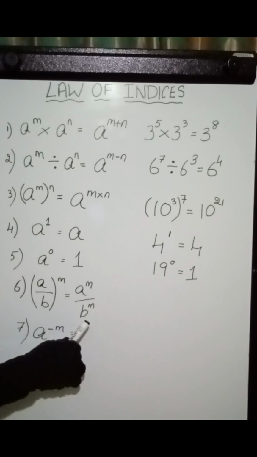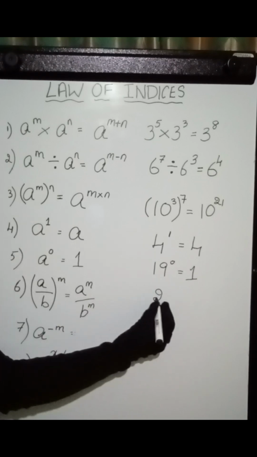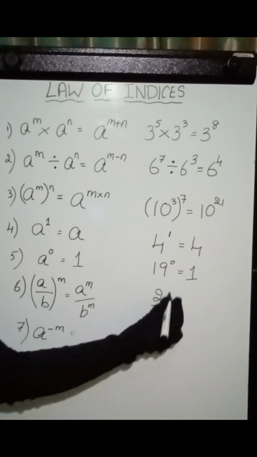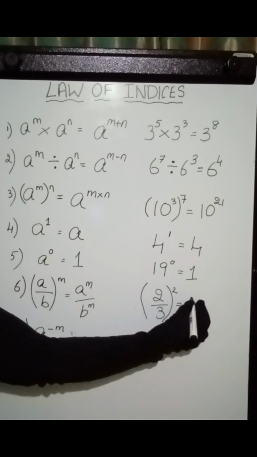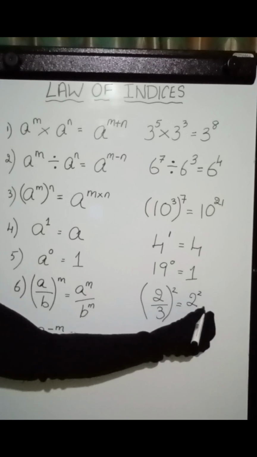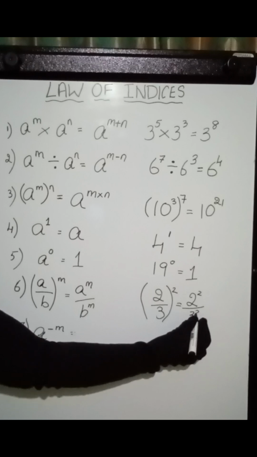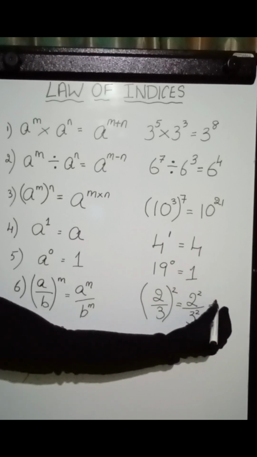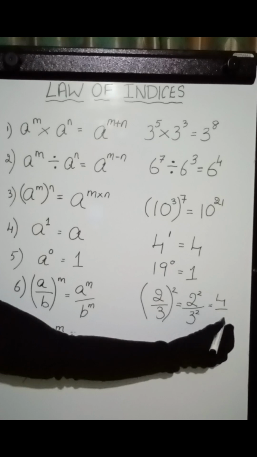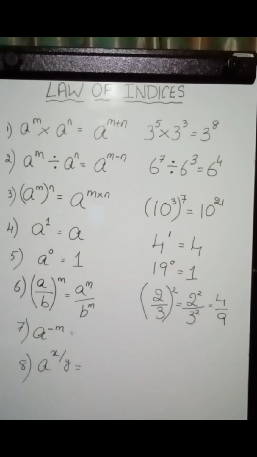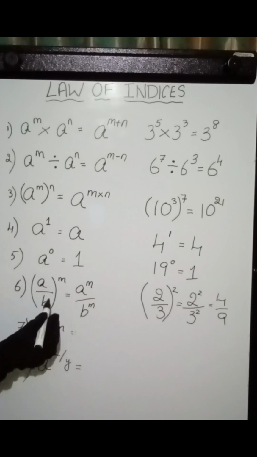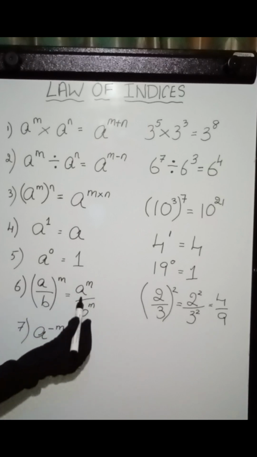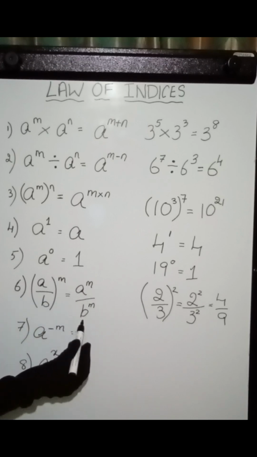So let's consider an example. For example, 2 by 3 the whole square. This will be nothing but 2 square by 3 square, which is nothing but 4 by 9. When you have a bracket covering the entire thing, the power will be shared by both the numbers, both numerator and denominator.